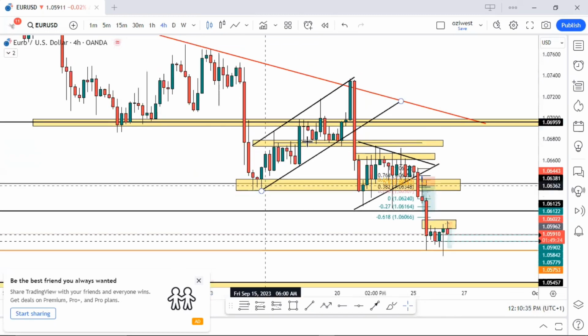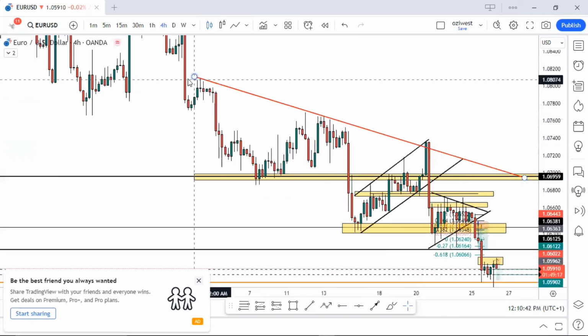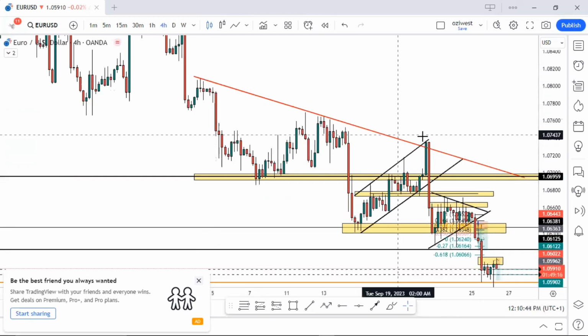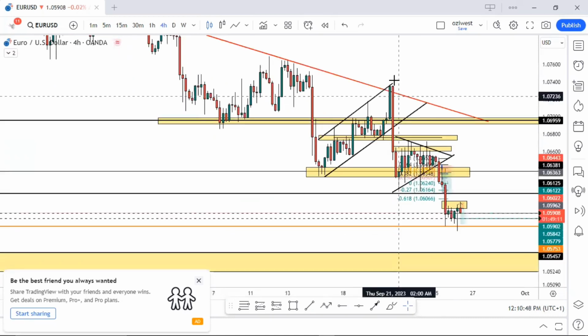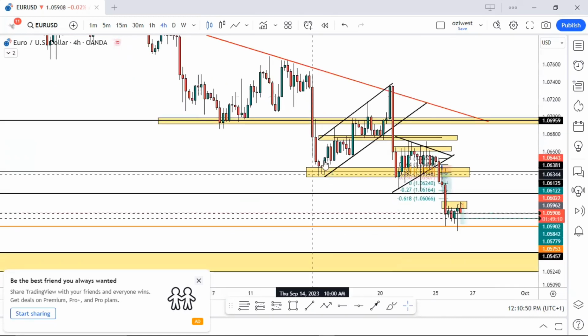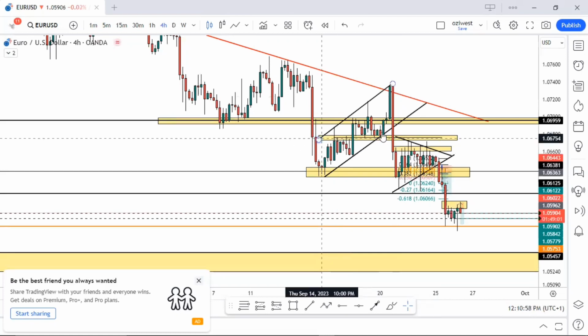We had this little channel, price pushing upwards, respected this trend line here, first touch, second touch, third touch, pushed back down aggressively. So price broke out of this channel, and this here was a retest of the channel.